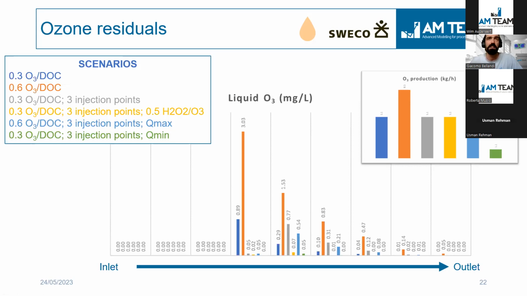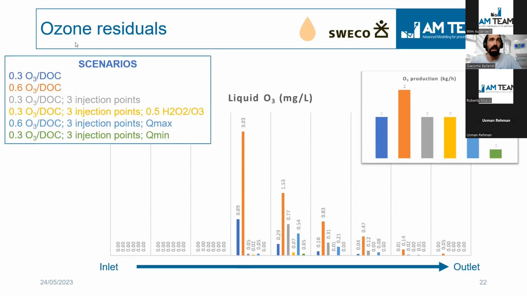What you can see here, in a nutshell, without going into much detail, is that the highest dosage of ozone, if it's dosed in one column, gives the highest local ozone concentration, which is then depleted along the installation, right?